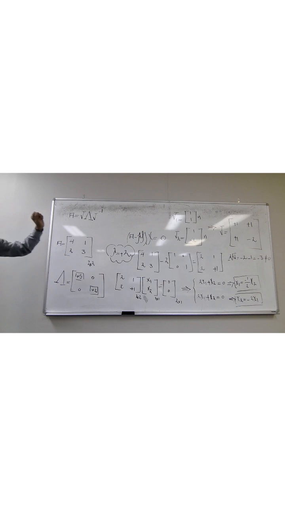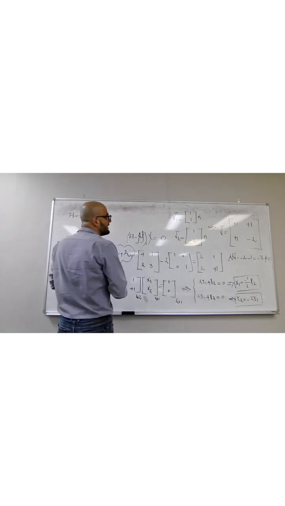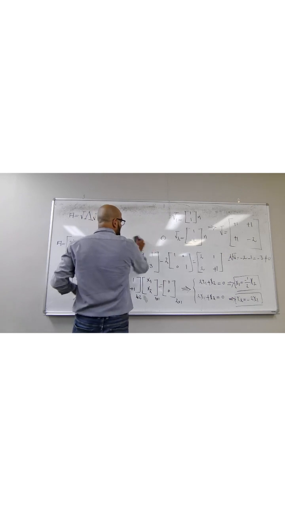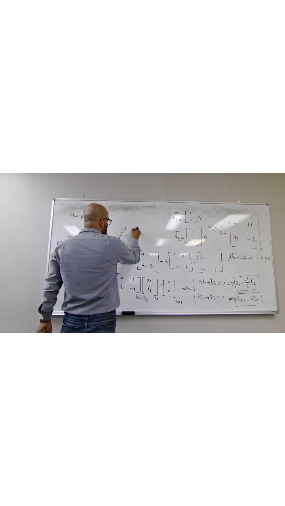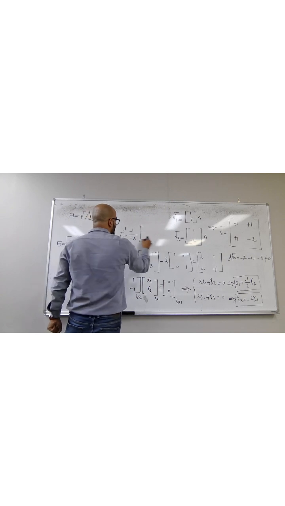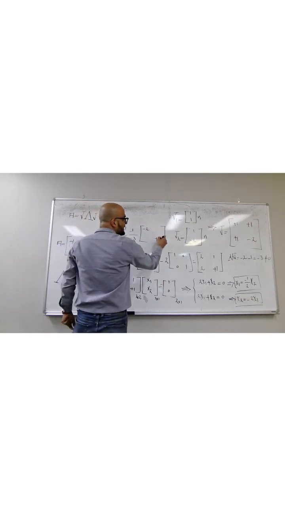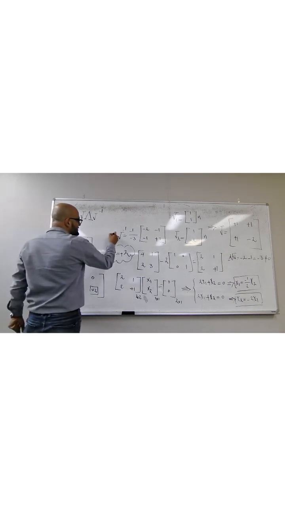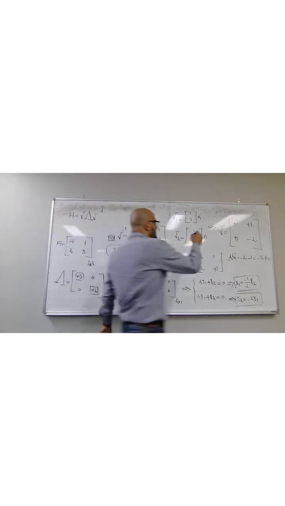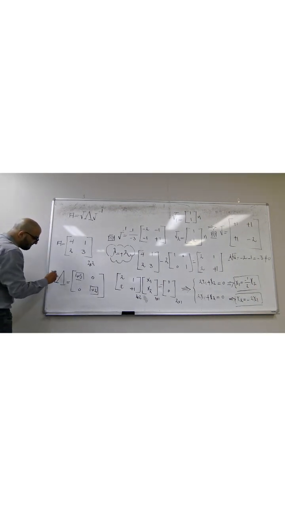So the V inverse becomes, let's write it here, 1 over the determinant, minus 1 over 3, times the matrix where you swap these entries: minus 2, plus 1, minus 1, minus 1. As a result, you got the V inverse, you got the V, and you got the diagonal matrix of the eigenvalues.